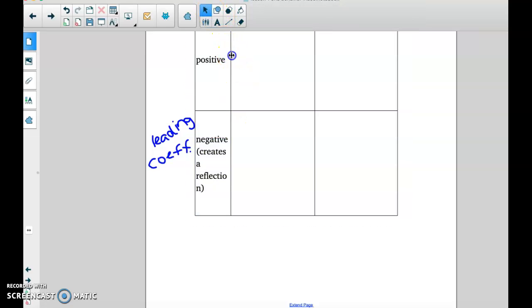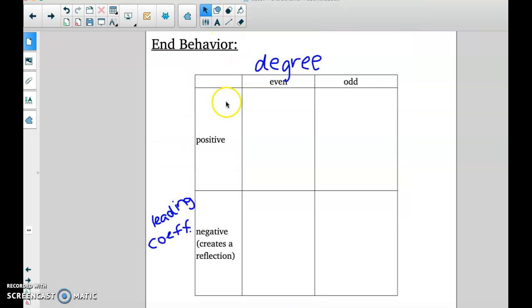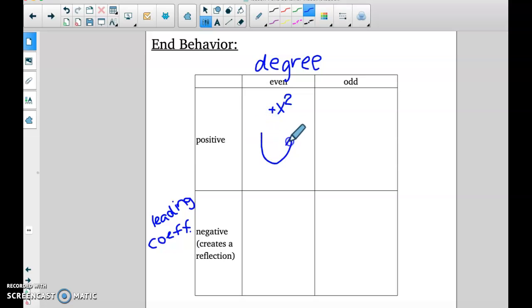Okay, so now, like I said, I don't want us to memorize this. I want us to understand it. What's the most common graph that we've been dealing with that has an even exponent? X squared, right? So the shape of the x squared graph, we know, especially when this is positive, it's a parabola. We're pretty familiar with this one.